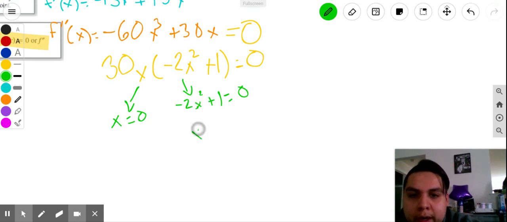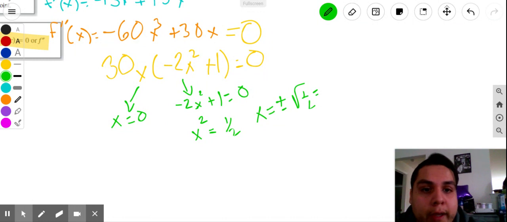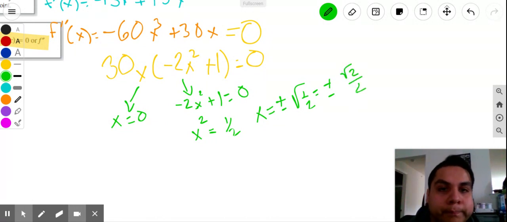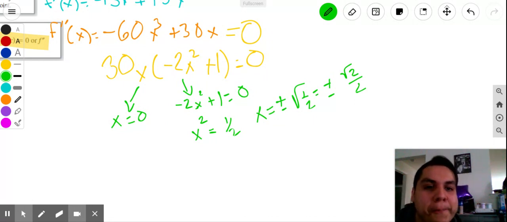So that means I want x squared to equal 1/2, which means I want x equal plus or minus square root of 1/2, which doesn't help me written this way. So I'm going to say plus or minus radical 2 over 2. Look at that. It's not even trig, but here we are.